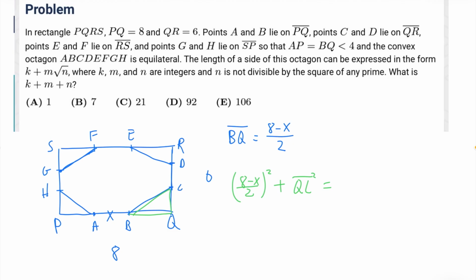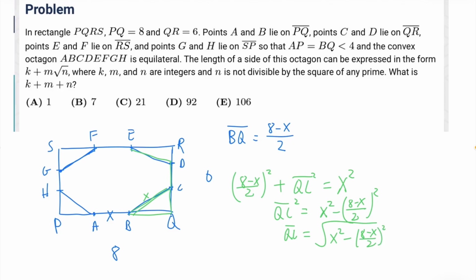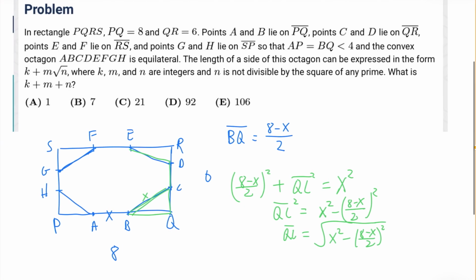And BC is just x, because remember, all of these are the sides of the octagon. From this we get QC squared equals x squared minus ((8 minus x) over 2) squared, and then take the square root to get QC.